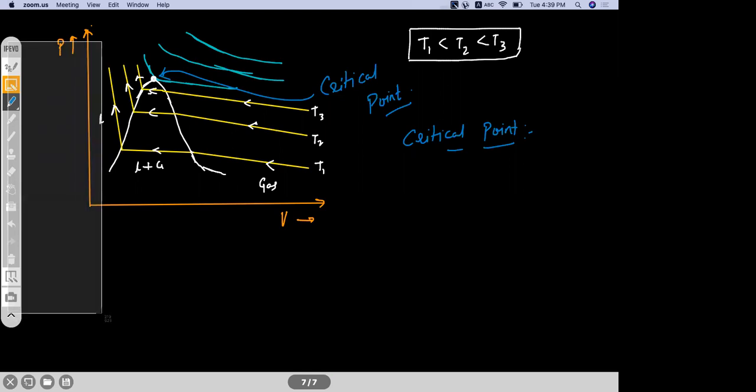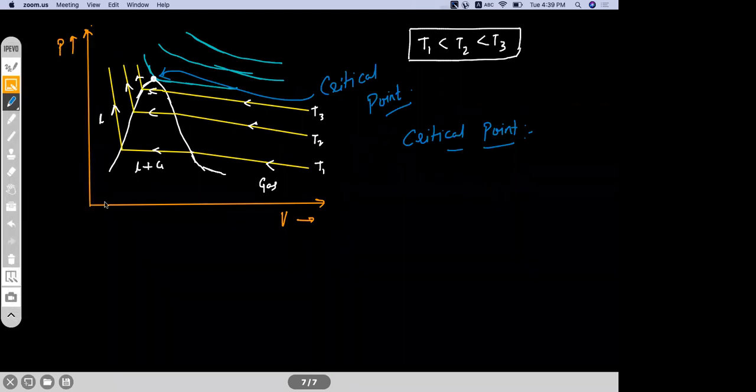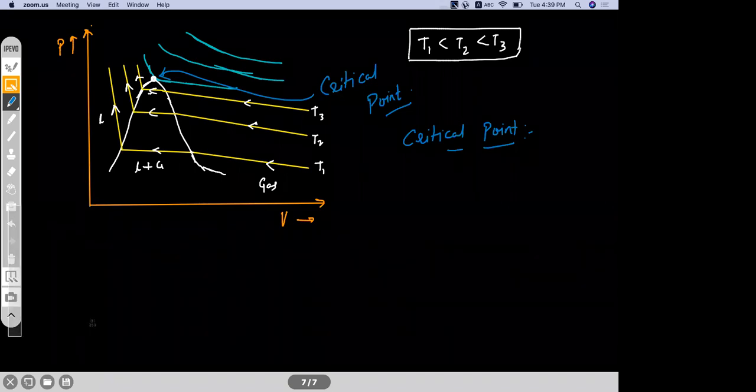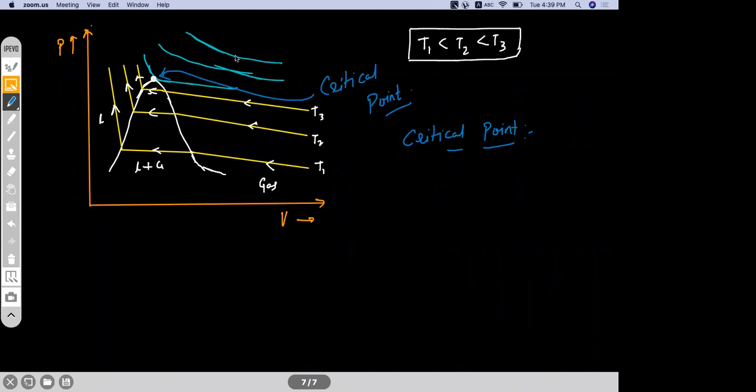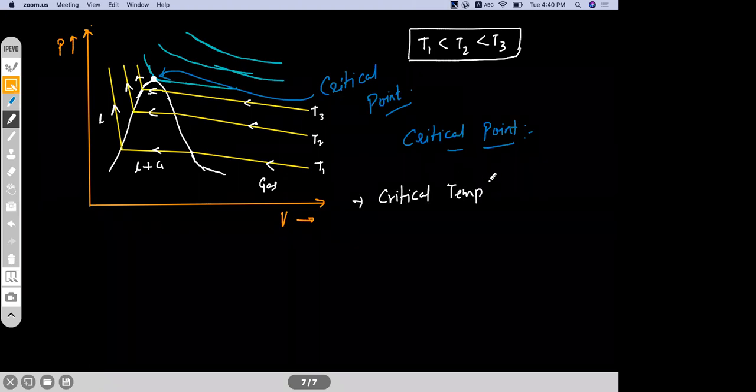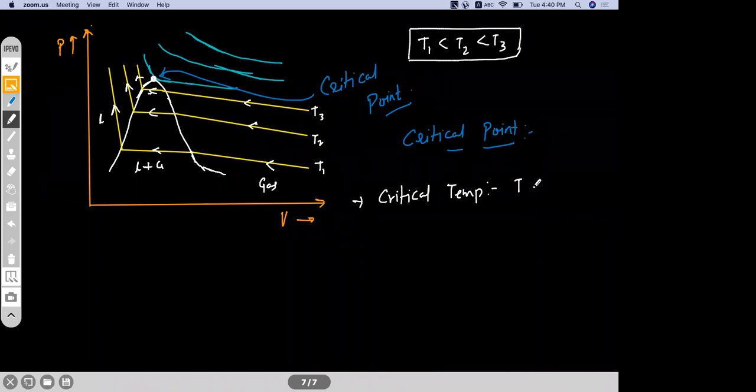Like temperature is what? Write down critical temperature. The definition of critical temperature is, it is a temperature above which, critical temperature, represented by TC.